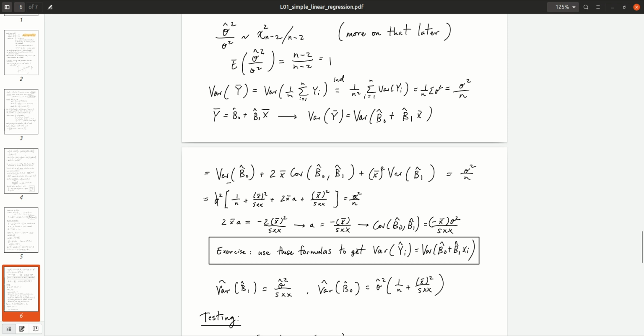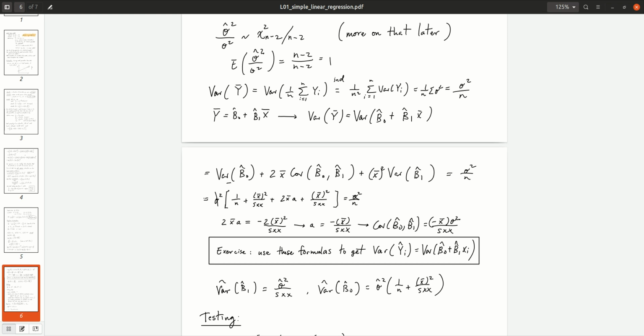So it becomes plus 2 x bar covariance of B0 hat, B1 hat. And then the variance of the last thing, which would be the variance of B1 hat x bar, which is x bar squared variance of B1 hat. And now you can begin to see the reason we're doing the derivation this way: in the middle of this equation, we get the thing that we want to calculate, which is the covariance between B0 hat and B1 hat.